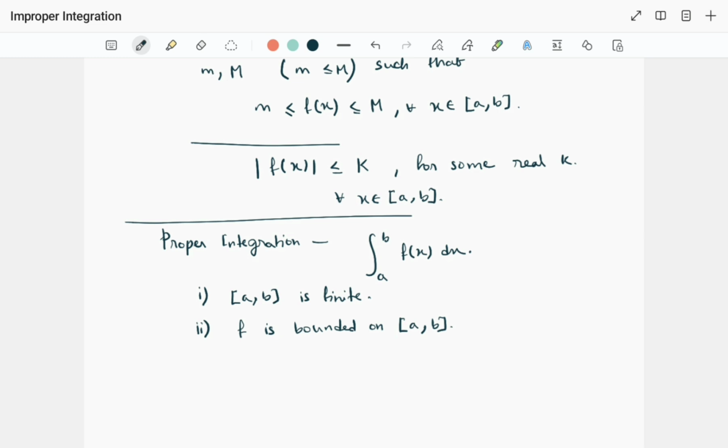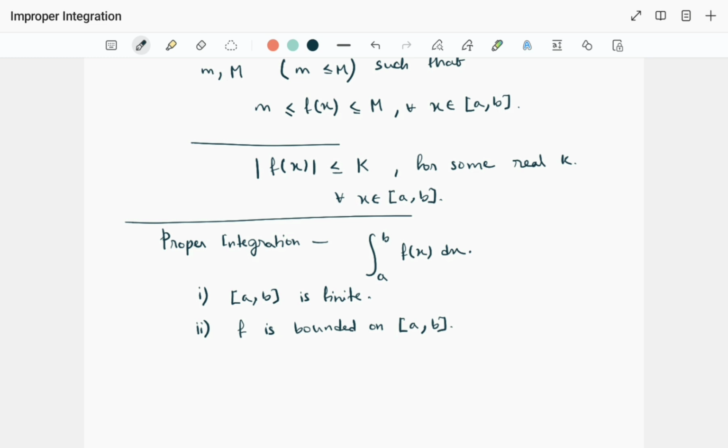There are mostly three categories. One is that the first property is not satisfied, the interval is not finite, but the function is bounded on that interval. There is another possibility: the interval is finite, but the function on that interval is not bounded.